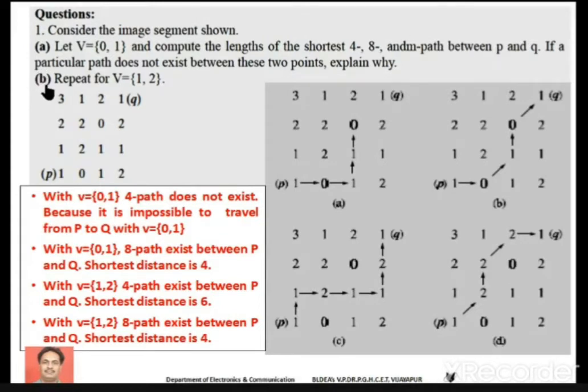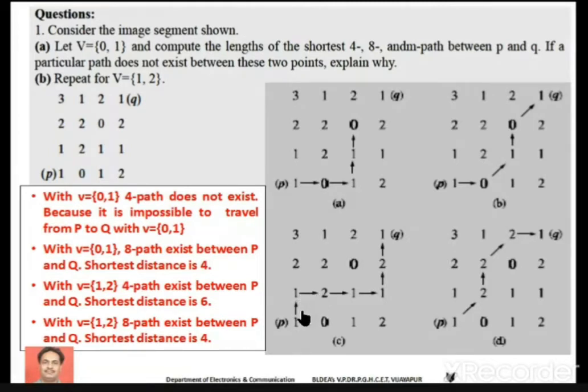In bit B, he has asked to repeat with V equal to 1, 2. What is the meaning? The meaning is that you have to repeat the process, but with pixels 1 and 2. Now you consider this figure, that is figure C. So again, this is pixel P and this is pixel Q. Again, we are going to start with 4 path. Recall, 4 path means we can move horizontally as well as vertically.